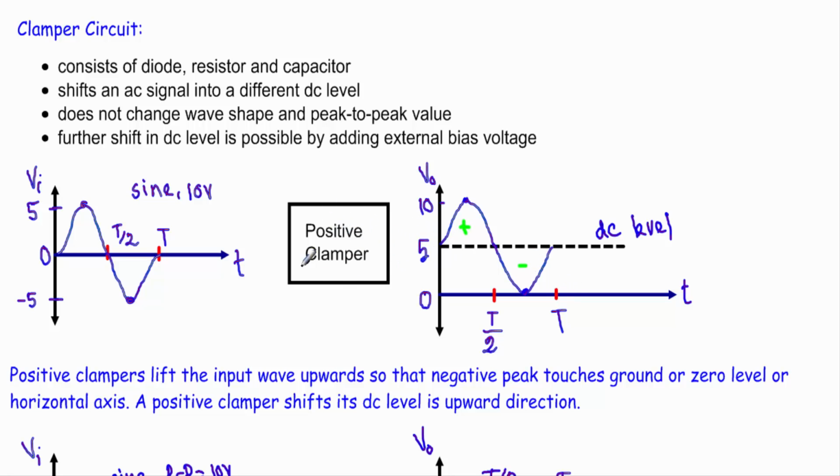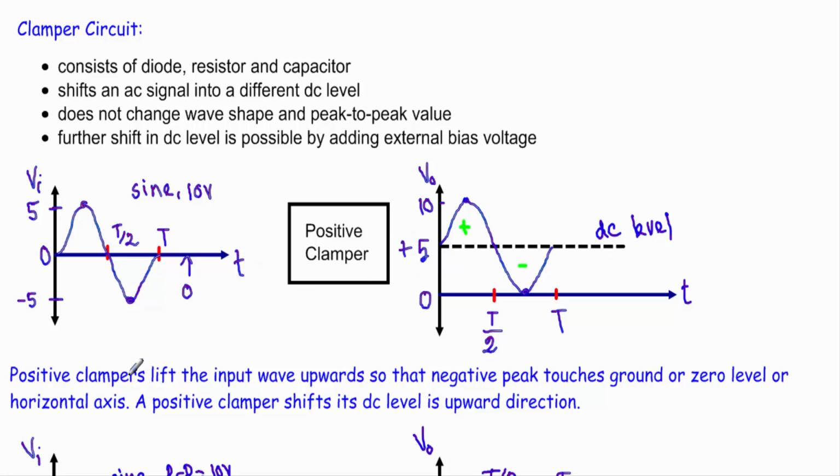Our DC level was at 0. This positive clamper pushes up the DC level so that its negative peak touches the horizontal axis, or here the time axis. Therefore the positive peak will be at a level of 10 and our DC level will be at plus 5.